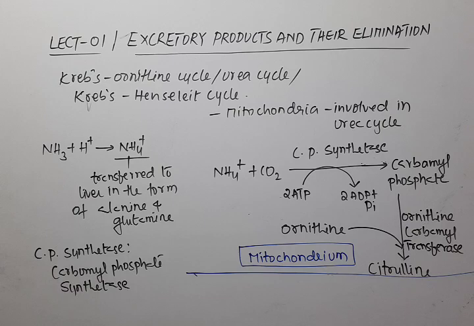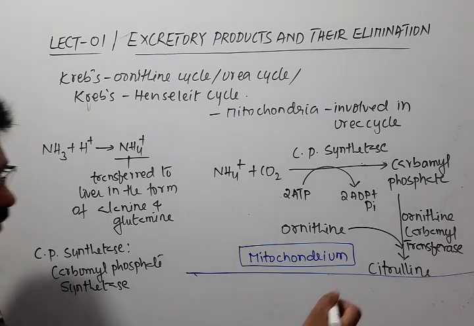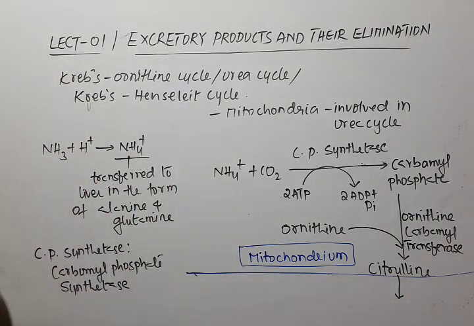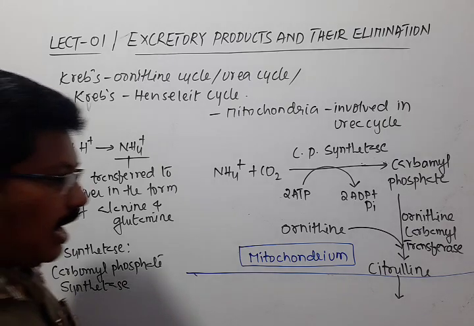This citrulline, which is formed in the mitochondria, will be passed into the cytoplasm of the cell. Citrulline comes out of the mitochondria and reacts with aspartic acid.